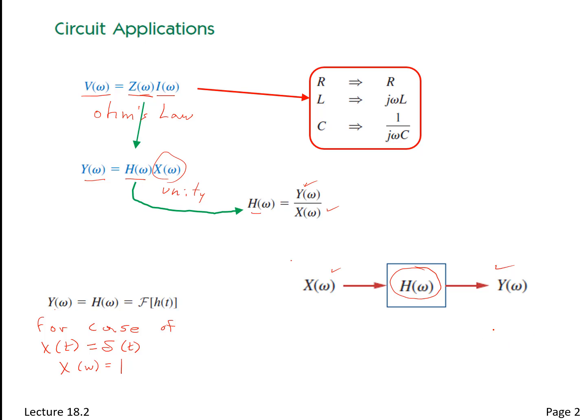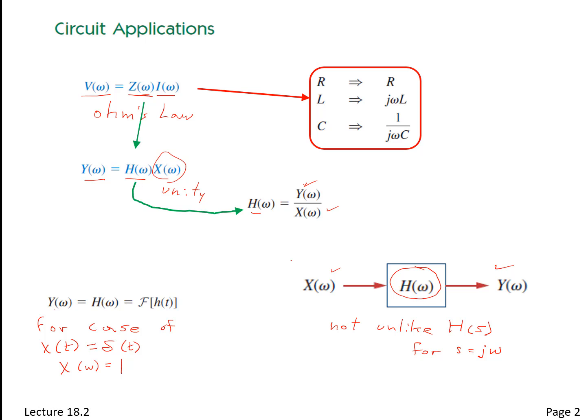So this by the way, this guy right here, this of course is not h of w. This is not unlike h of s, right? Remember when we talked about transfer functions back in chapter 14, for s equals jw, right? So we're really talking about the same things again and again here, okay?